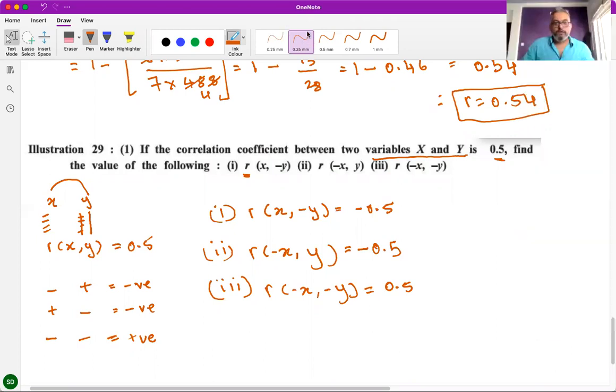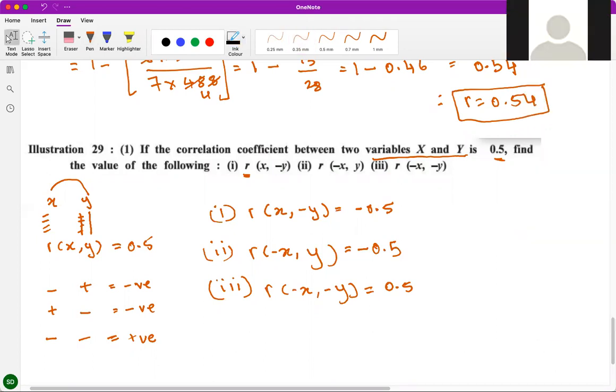Now, इसका ही second part. Let's do, let me copy it.